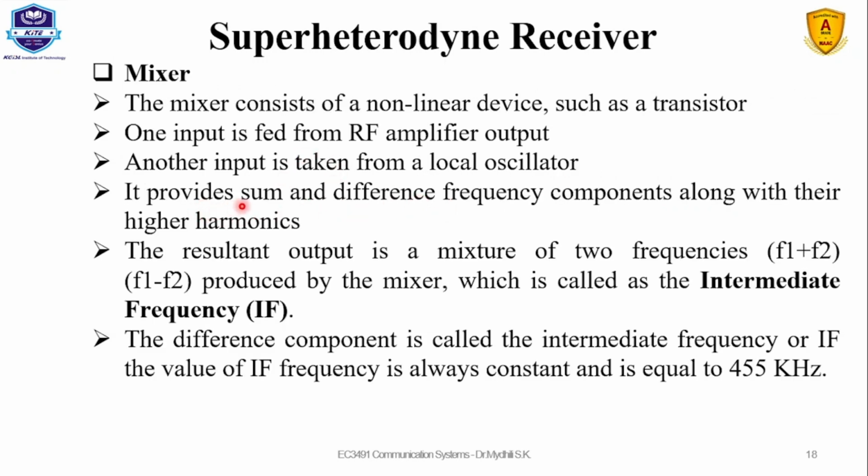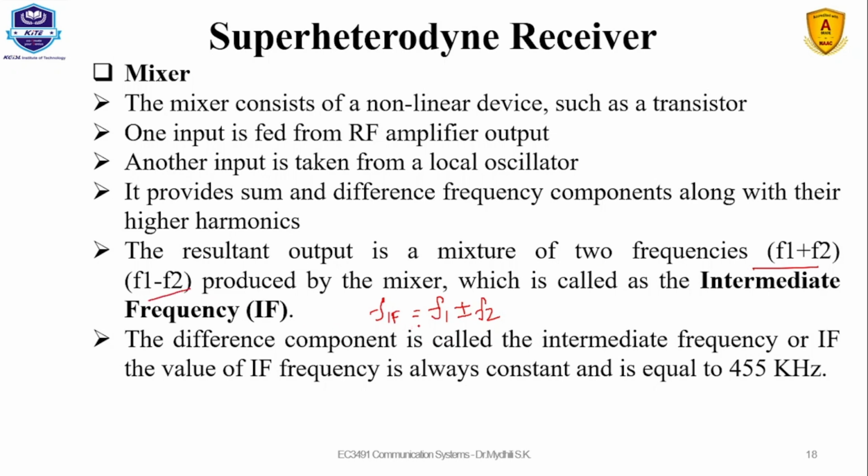When these two inputs are fed, it produces the sum and difference frequencies, as we said in the introduction itself. It produces an intermediate frequency, which has the value F1 plus F2 as well as F1 minus F2.